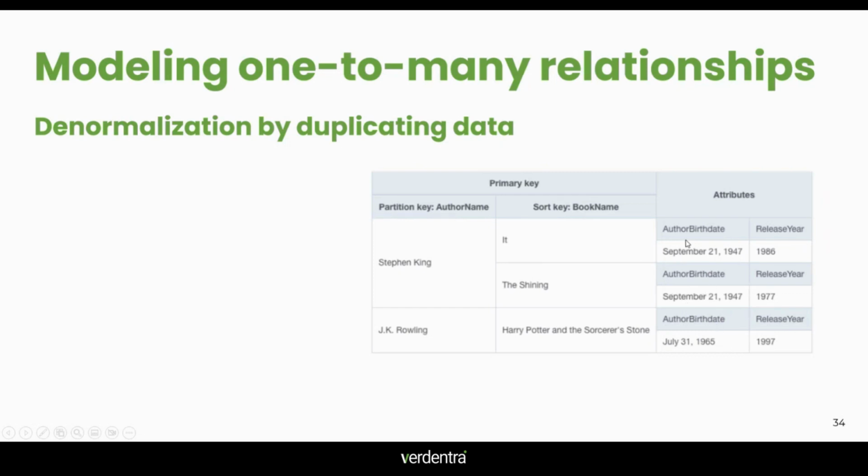This is kind of a no-no in relational databases, but here it's acceptable if the data that you're duplicating is immutable or not frequently changing. But if it is changing, then your application code has to take care of updating them correctly in an update scenario.